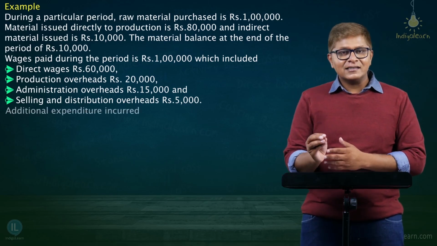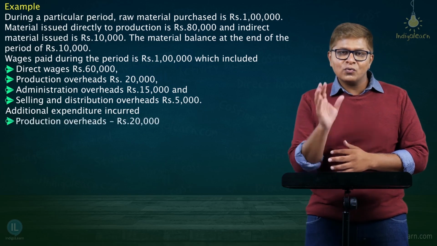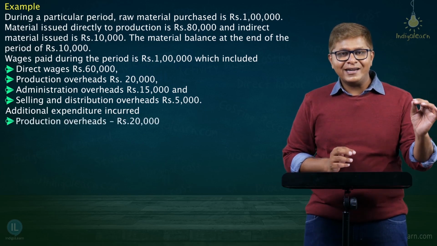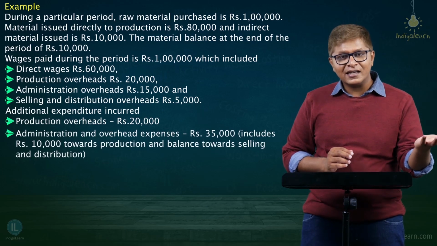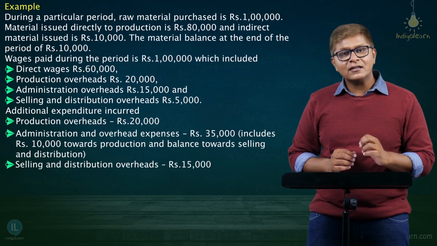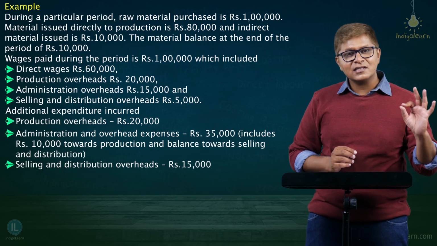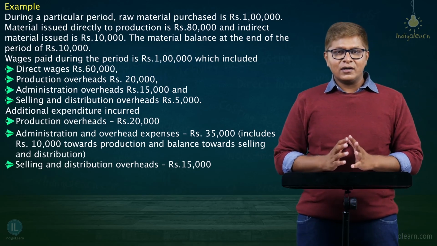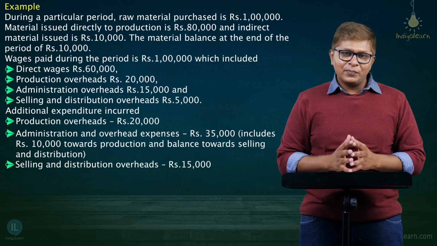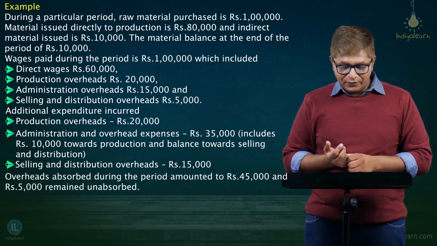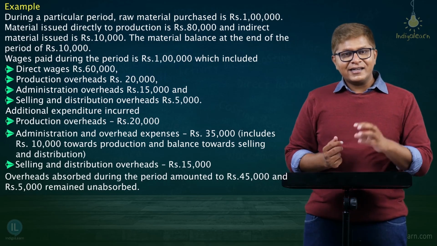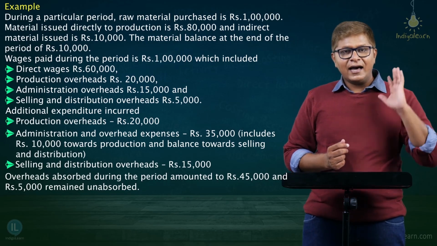Apart from this, let us say we have additionally incurred production overheads amounting to rupees 20,000, administration and overhead expenses amounting to rupees 35,000, and selling and distribution overheads amounting to rupees 15,000. Alright, let's say during the period we have absorbed production overheads to the extent of 45,000 and to the extent of 5,000 it has remained unabsorbed.